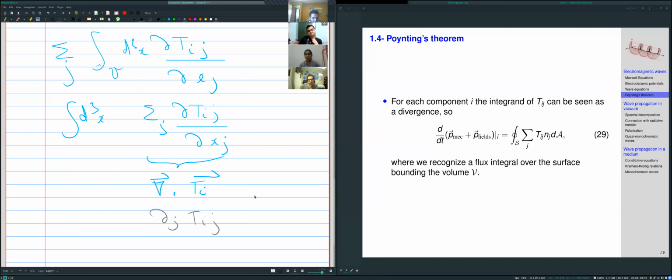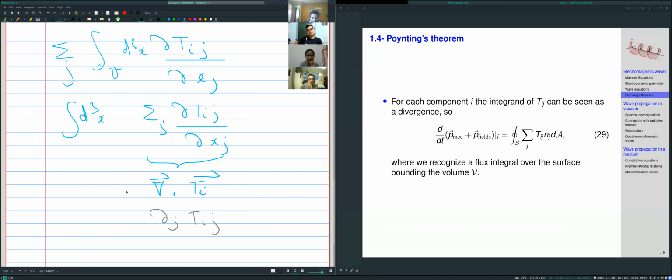Is that what you mean? Yes, because then you sum over the j's and you get a vector in i, which is what you're looking for, because you have a vector in i with the momentum. Exactly.